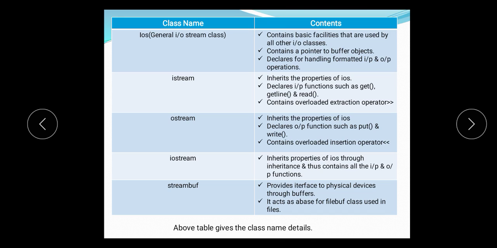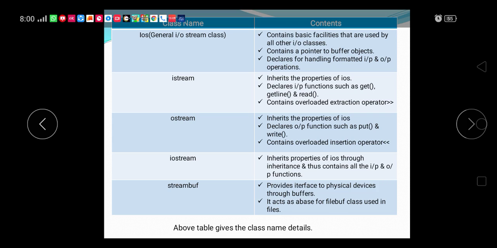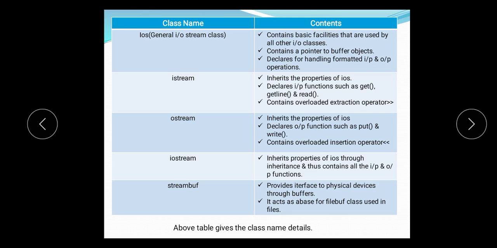The next class is istream, the input stream. It inherits the properties of the ios class. It declares input functions such as get, getline and read, and it contains the overloaded extraction operator.